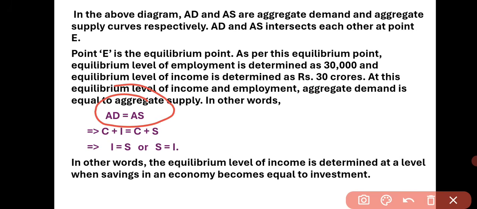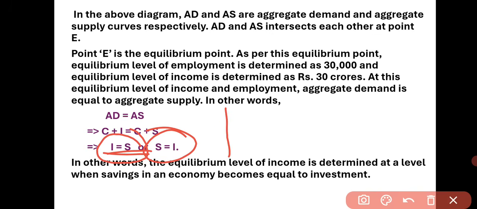We know that aggregate demand is consumption demand plus investment demand, C plus I. What is aggregate supply? C plus S, consumption plus saving, right. From this equation we can say that when C plus I becomes equal to C plus S, it implies that I is equal to S, right. Investment is equal to saving, or we can say that saving is equal to investment, right.